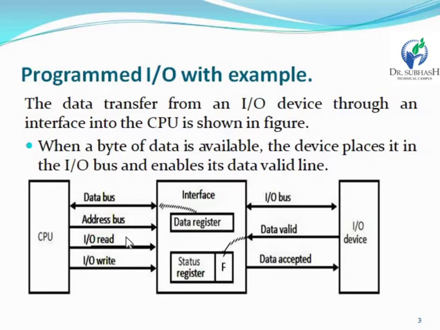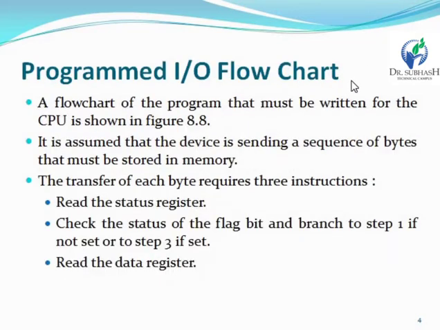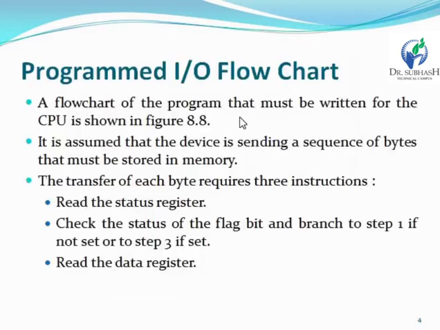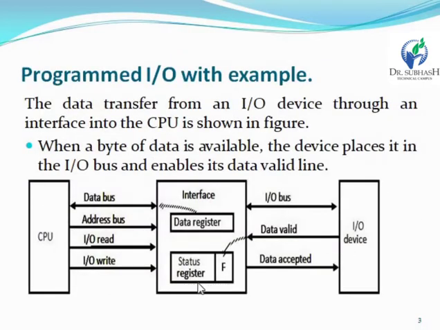Next, we can show the programming IO flowchart. So this is the flowchart of programming IO. First of all, read the status register. Then after that, check the flag bit. Here we can see the IO device and the status register.